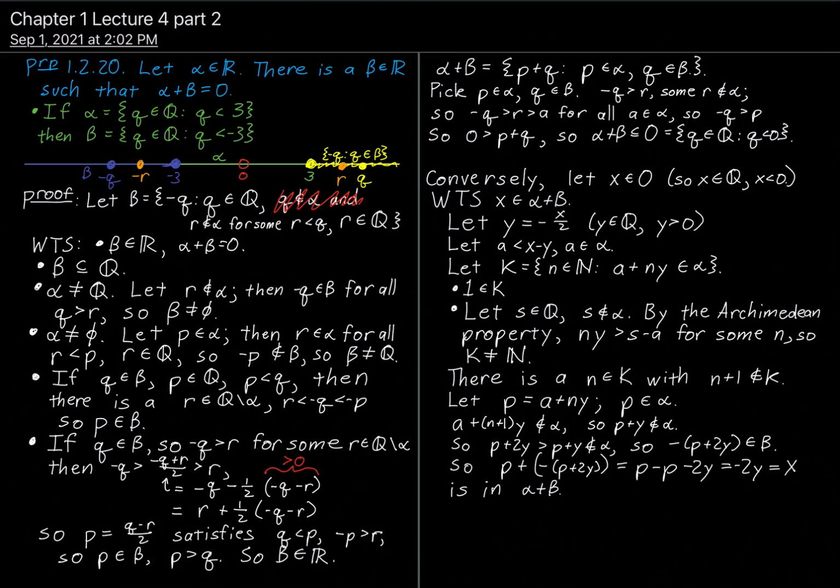And remember, x was an arbitrary element of 0, so we've got that 0 is a subset of alpha plus beta, and we saw before the reverse inclusion, so 0 equals alpha plus beta, and we are done.